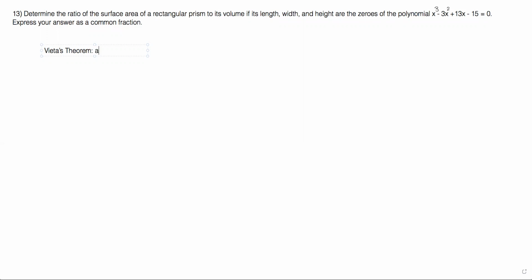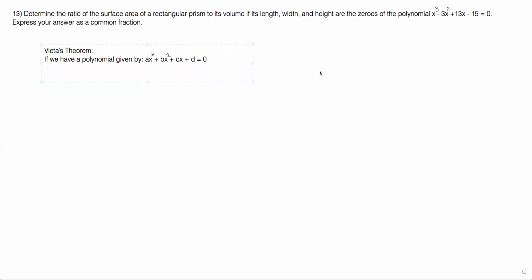Let me just write everything first, and I will add the exponents. So Vieta's theorem tells us that if we have a polynomial that looks like this, then we have more information about it than we realize. We have more information that will help us solve problems like this one.